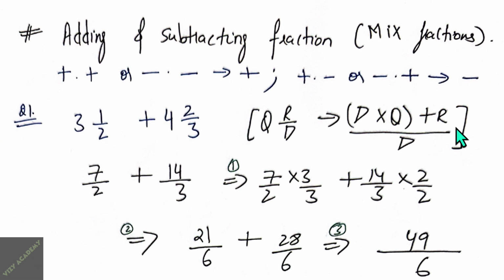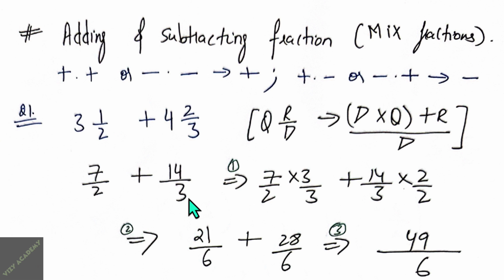So 2 times 3 is 6 plus 1 is 7. So 7 over 2. 3 times 4 is 12 plus 2, 14 over 3. Now we have to find the common denominator. In this case, the least common multiple of 2 and 3 is 6. So in order to have 6 in the denominator, we will multiply by 3 and 2 respectively.